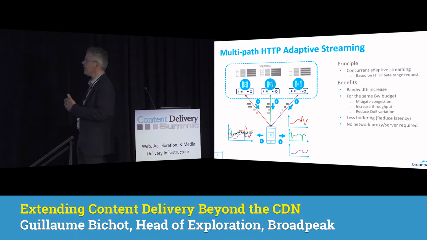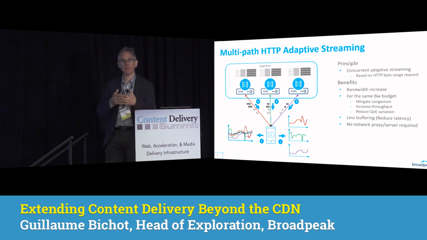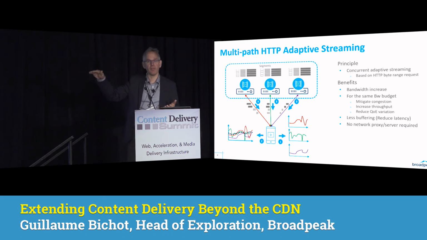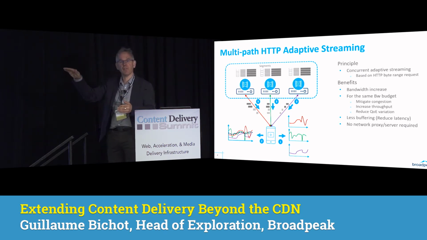So the condition here is that you need to have paths as orthogonal as possible. This is really the strict and very important condition. As long as you have this orthogonality of the paths, you mitigate congestion, you increase the throughput, and ultimately you reduce the QoE variation. You smooth the QoE, which is very important from the user perspective.